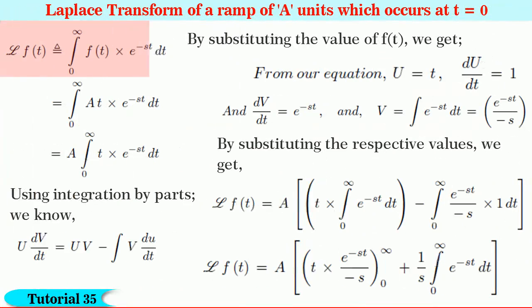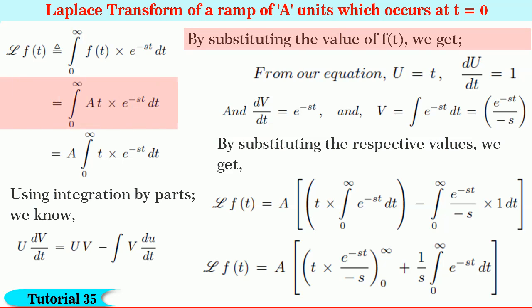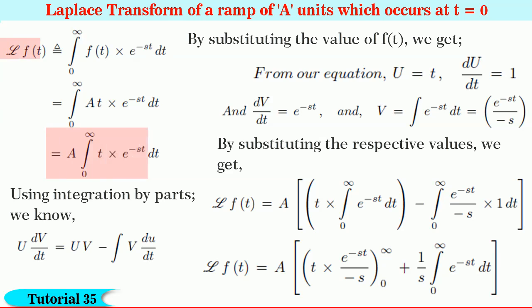So, by definition, we know that L of f of t equal to the integration from 0 to infinity of f of t into e to the power of minus st dt. By substituting the value of f of t, we get L of f of t equal to the integration from 0 to infinity of At into e to the power of minus st dt, or L of f of t equal to A into the integration from 0 to infinity of t into e to the power of minus st dt.